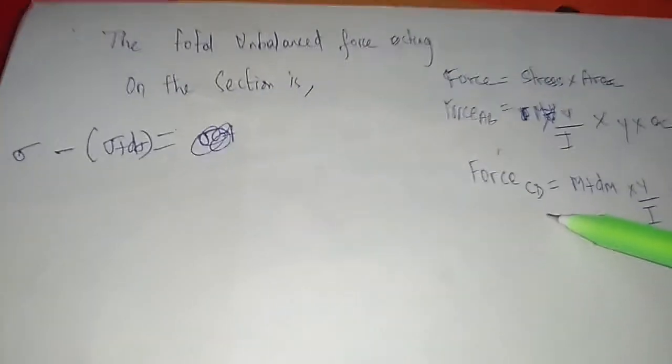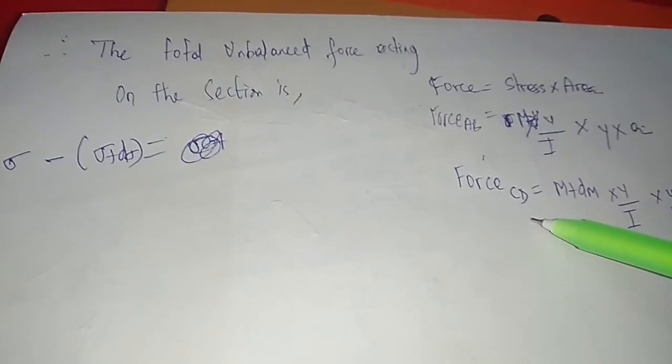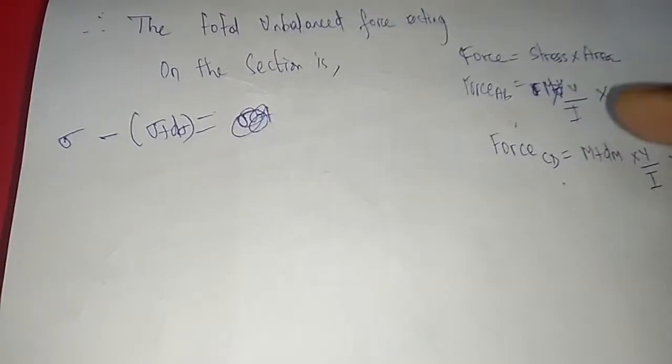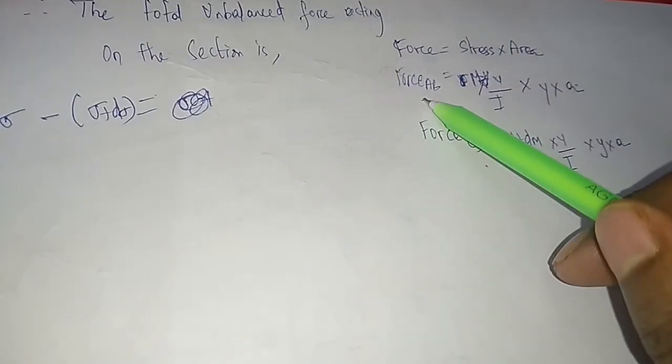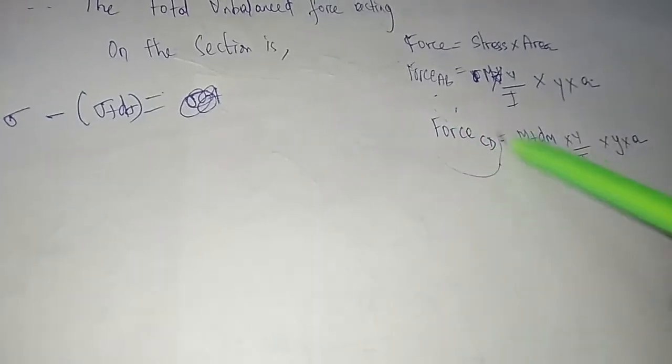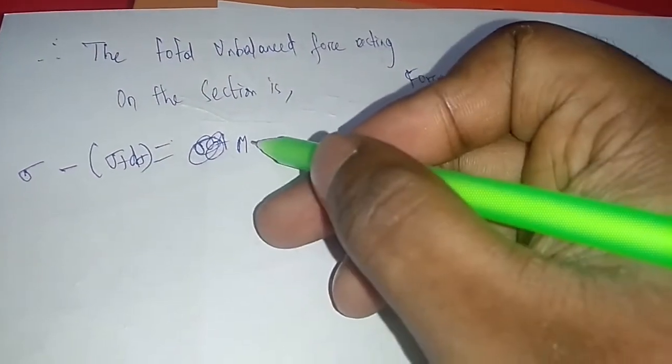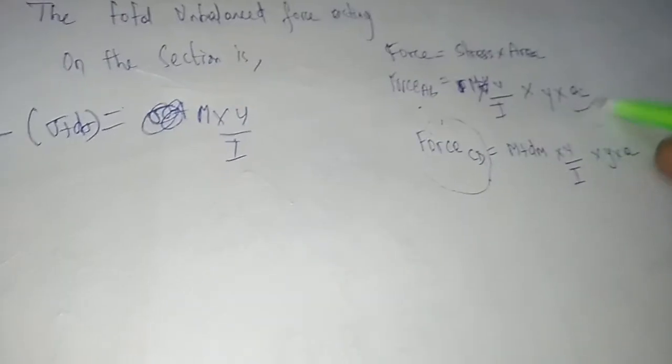So what is the total force? Total unbalanced force is nothing but the difference of the unequal forces. So we have to subtract the force on side AB from the force on side CD. This term, y into A, is common, right? So we can take it common while subtracting.